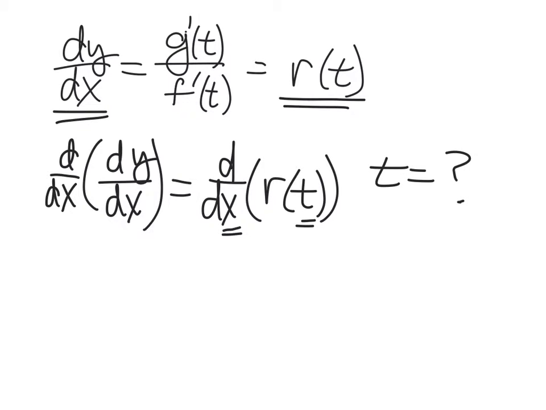Ultimately, t is going to be what in terms of x? Back in the definition of the parametric equations, we said x was the function f of t.